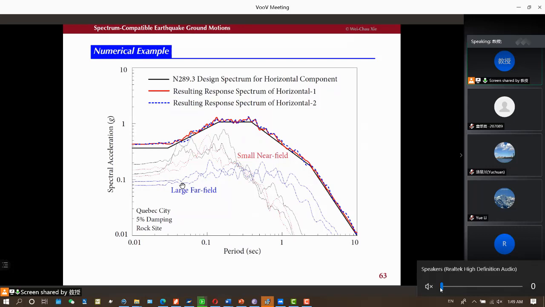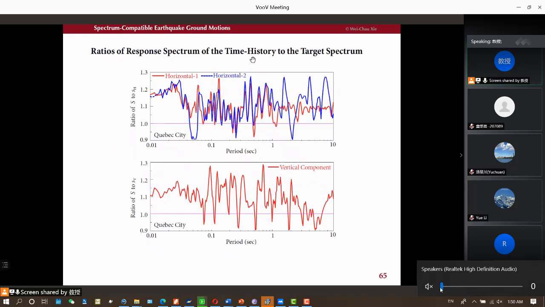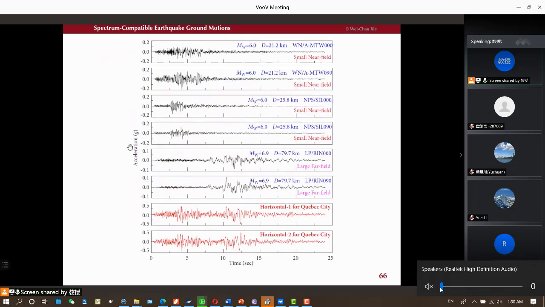So we go through the analysis and we obtain the spectral compatible time histories. Now you can see the generated time history has characteristics of the real earthquakes. So for example, this portion looks like this portion, right? This portion looks like this portion.